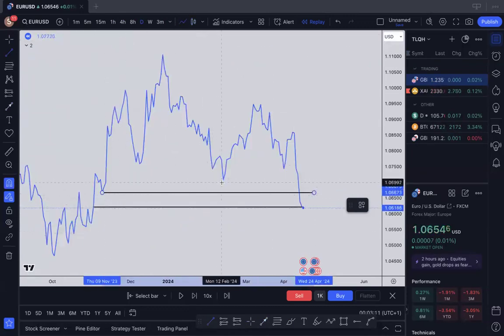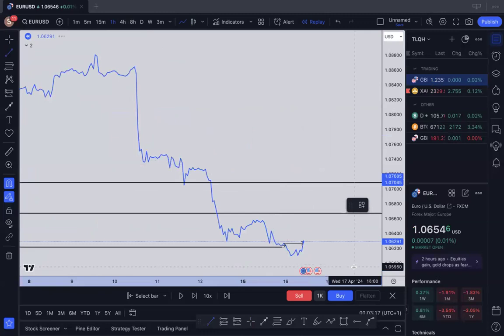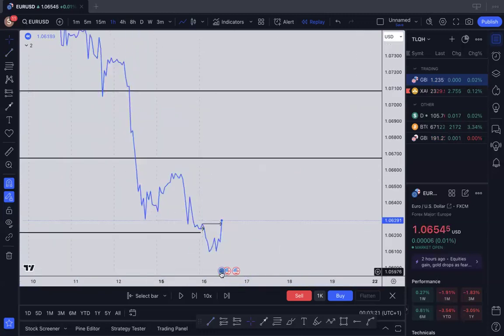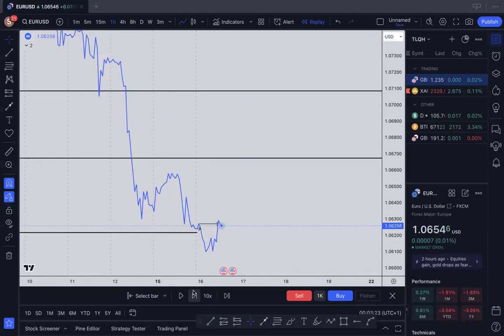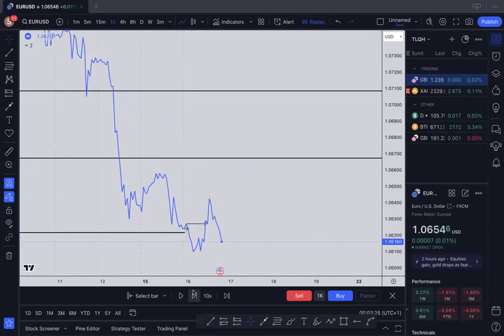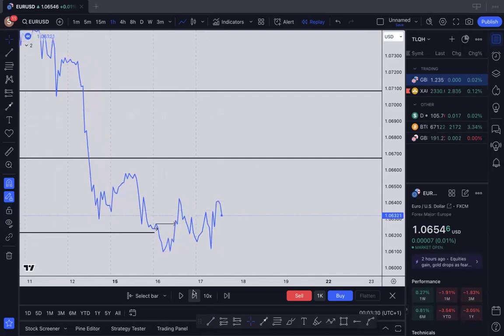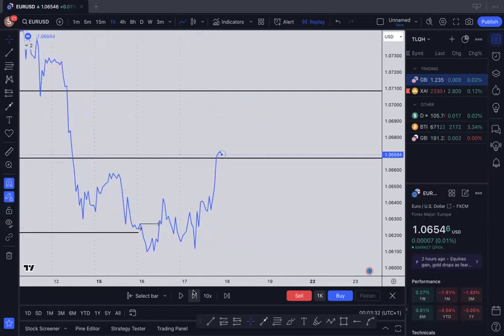And then we would possibly also be looking at this low here. So from there, we're going to monitor it on the hourly. And you can see here, price should be following this all the way up here. And there you go.